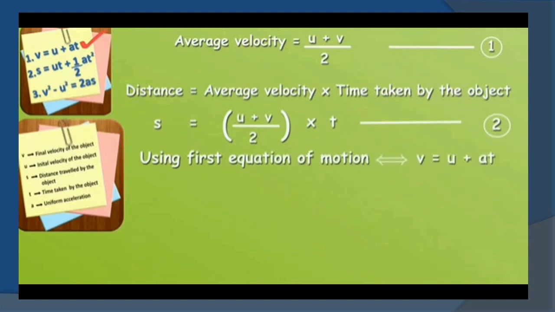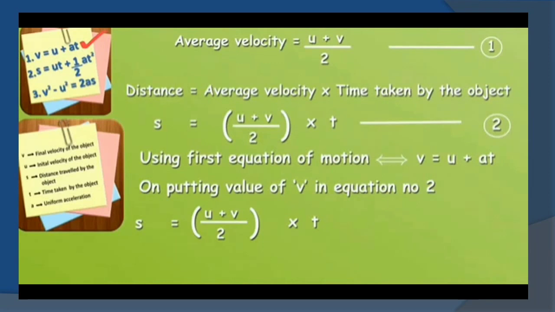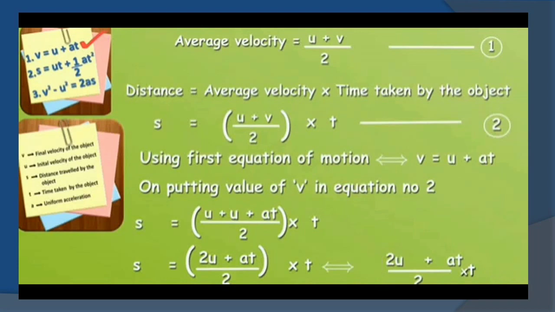Using the first equation of motion which we have just derived, v is equal to u plus at, on putting the value of v in equation number 2, s is equal to u plus at upon 2 into t. So from here we can solve the step. It will be 2u plus at into t upon 2.